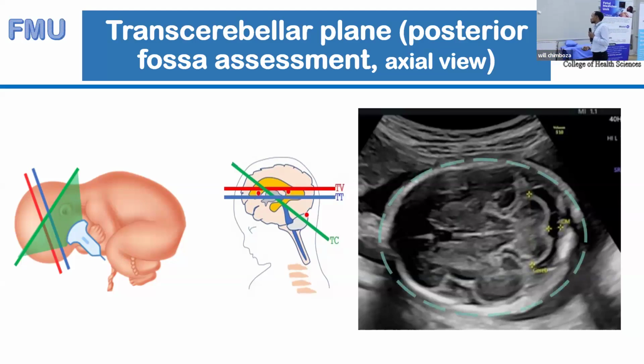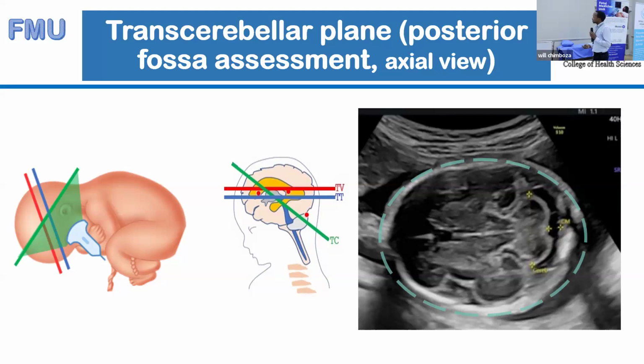For this image, we also assess the shape of the fetal head, and then we assess the cisterna magna, a fluid-filled space behind the cerebellum. So we measure from the outer margins of the vermis of the cerebellum to the inner margins of the skull bone.